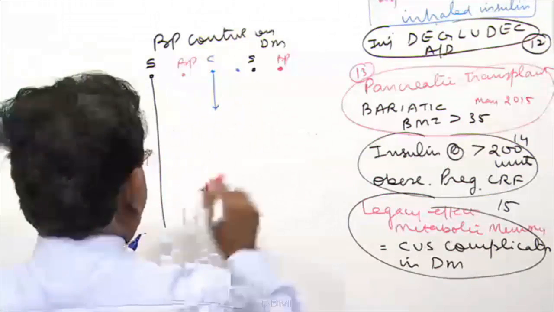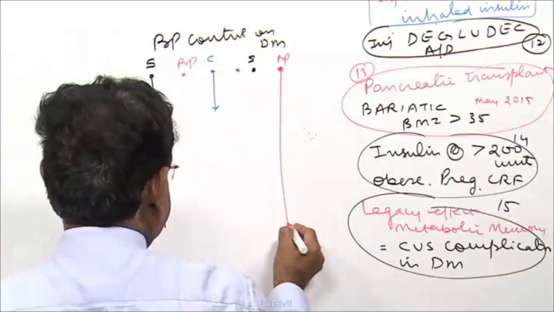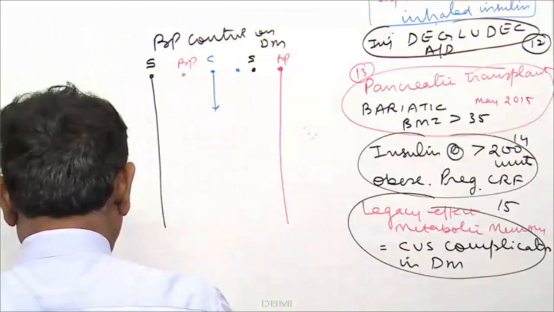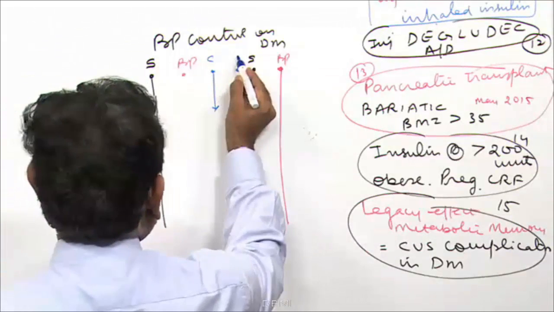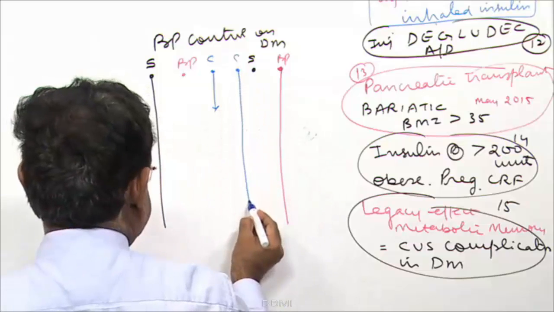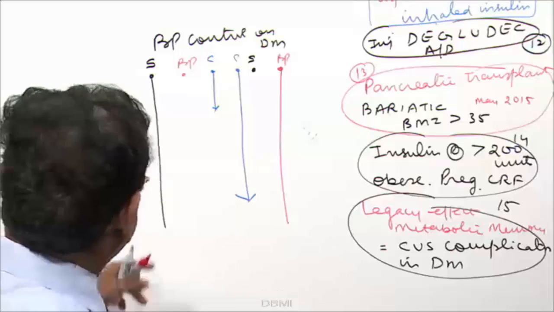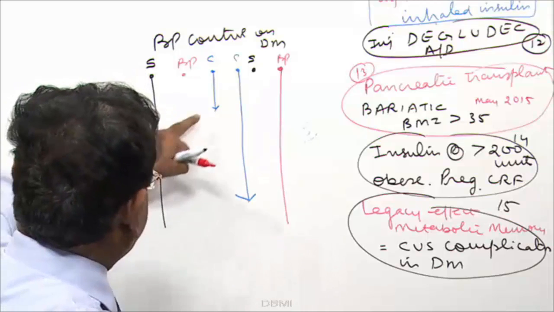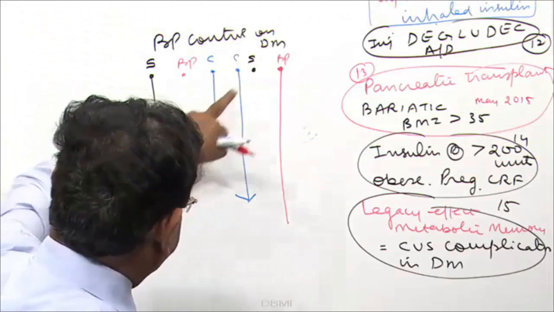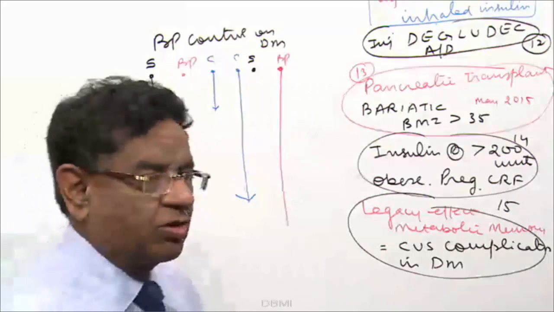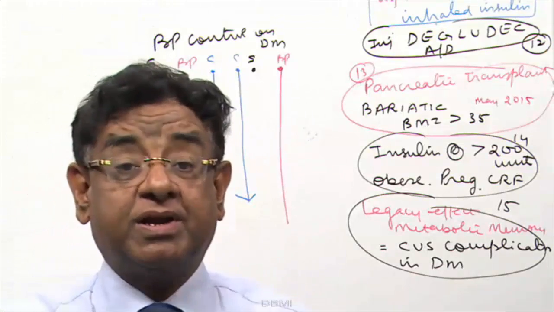That means he has controlled his BP but did not control sugar. But his complication will come down drastically. Just see, sugar control, the complication came down this much. BP control, the complication came down drastically.